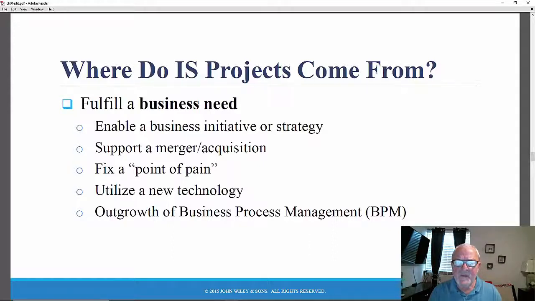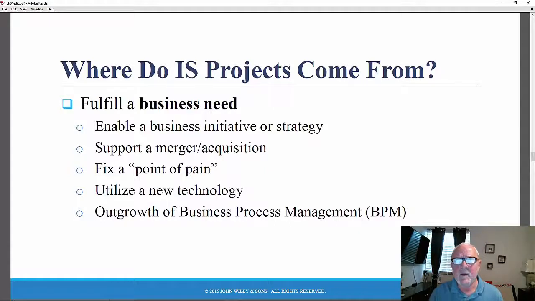Now, note that fulfilling a business need can come from good things, opportunities, or it can come from bad things, trying to avoid problems in the business. For example, a good thing might be you see a new area of profitability, new services, automated services we could offer a customer that might produce some more revenue.